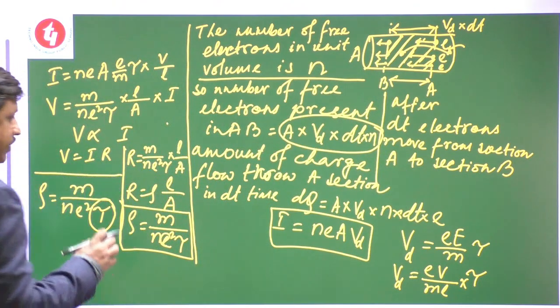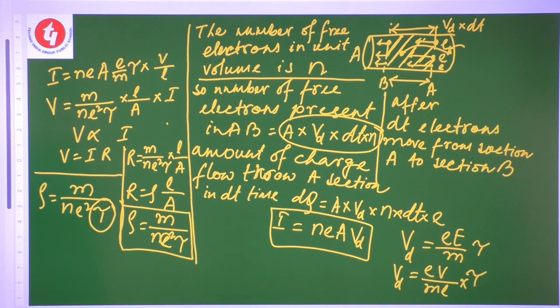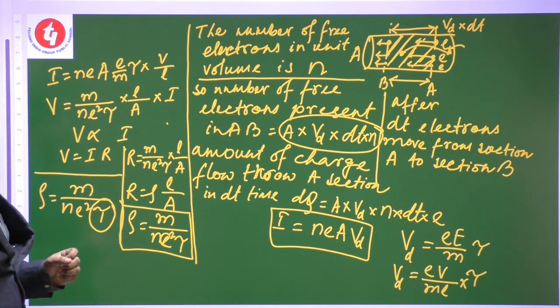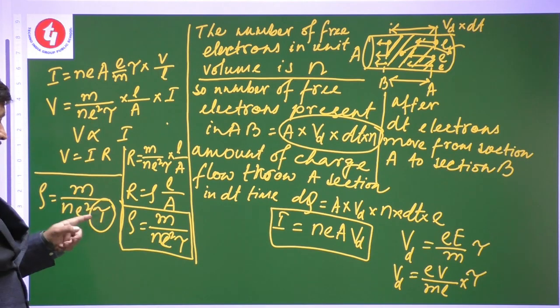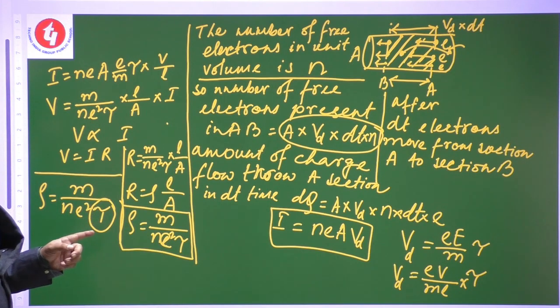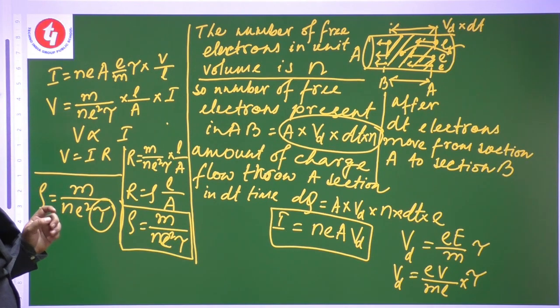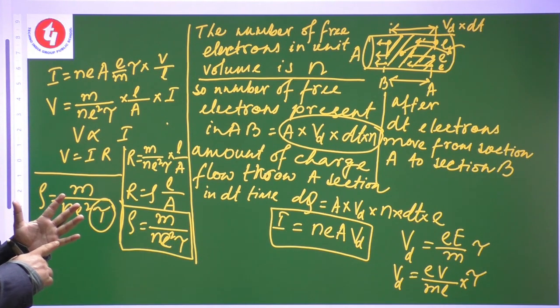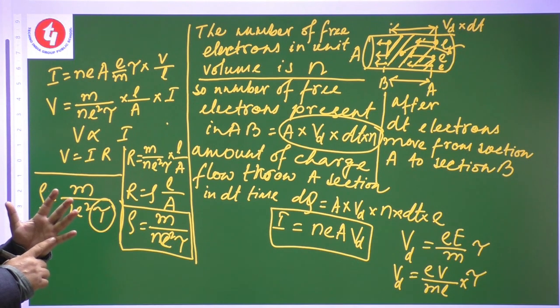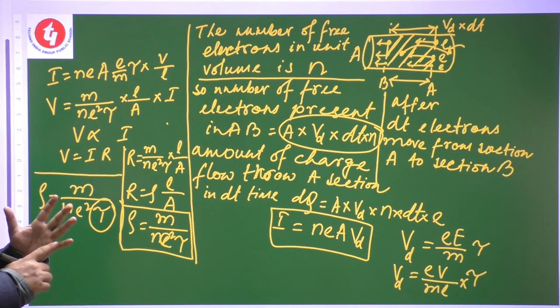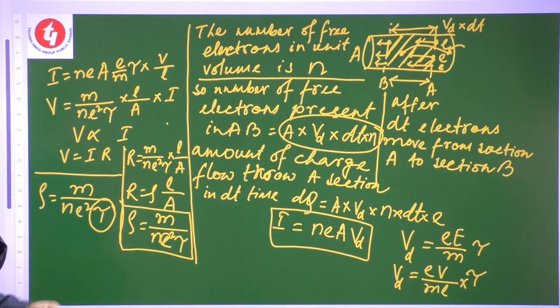The resistivity of a material basically depends on two factors. One is the material of the conducting wire, and another one is tau, which depends on temperature. So rho depends on two factors: material and temperature.